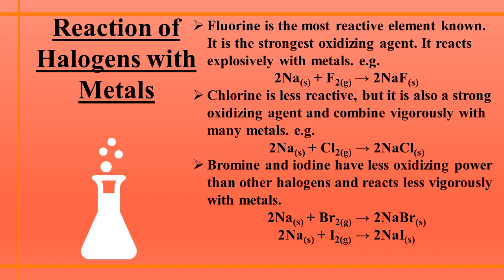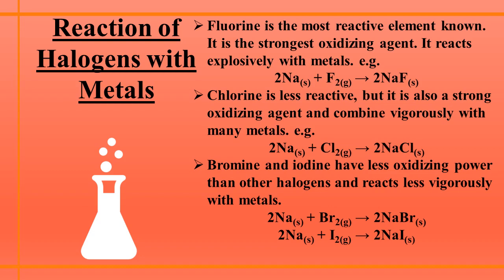Chlorine is less reactive than fluorine, but it is also a strong oxidizing agent and combines vigorously with metals. For example, sodium reacts with chlorine and forms sodium chloride. This reaction is also very vigorous, very fast, but it is not an explosive reaction.